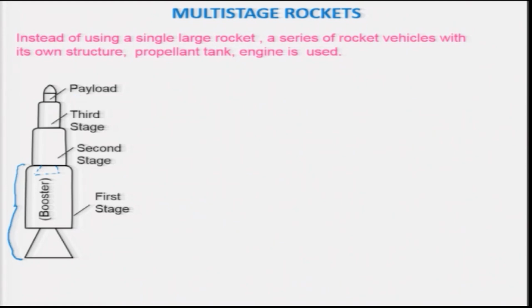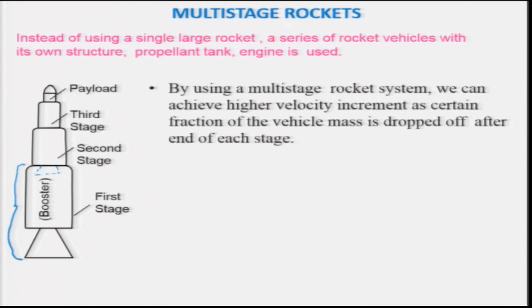By using a multi-stage rocket system, we can achieve a higher velocity increment, as a certain fraction of the vehicle mass is dropped off after the end of each stage. For example, in this case, after the first stage, this portion of the structure is dropped off. The question arises: why will it attain a higher velocity?